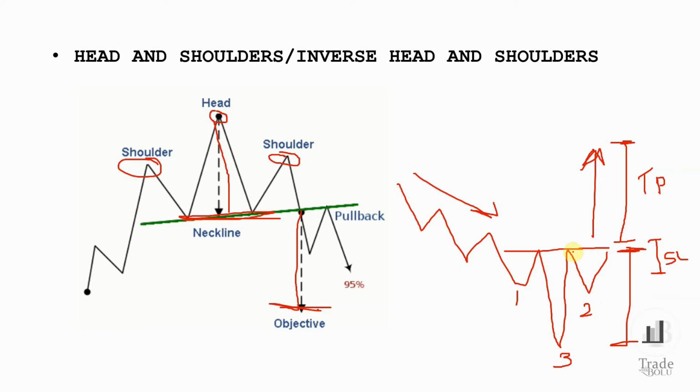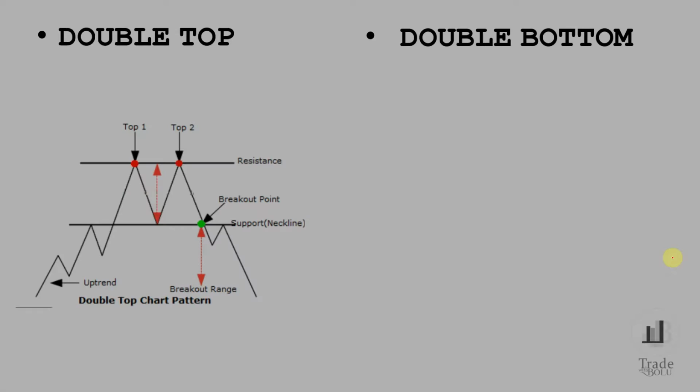Then the price dives in again with another bearish momentum, but this time the impulse is not as much as the previous one, so it's very short here, and then it retraces back to that same neckline again. Then you should know that it's preparing to break off it and have that work out. So you know how to set your take profit and stop loss, or how you can be profitable off it. Like I said, next time we're going to publish more resources that will show you how to make use of this.